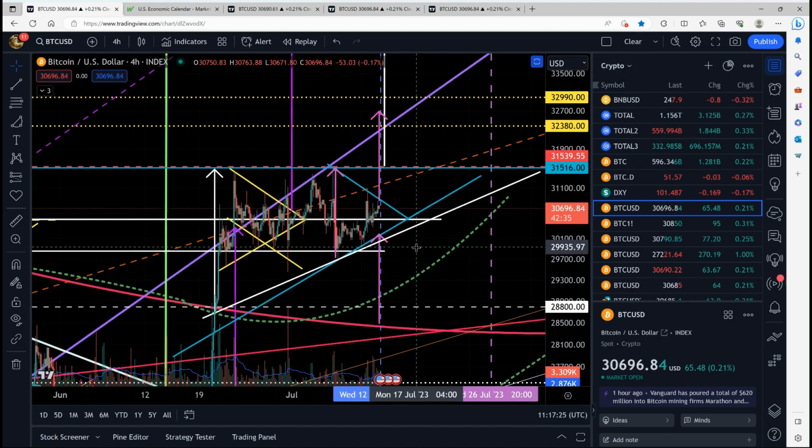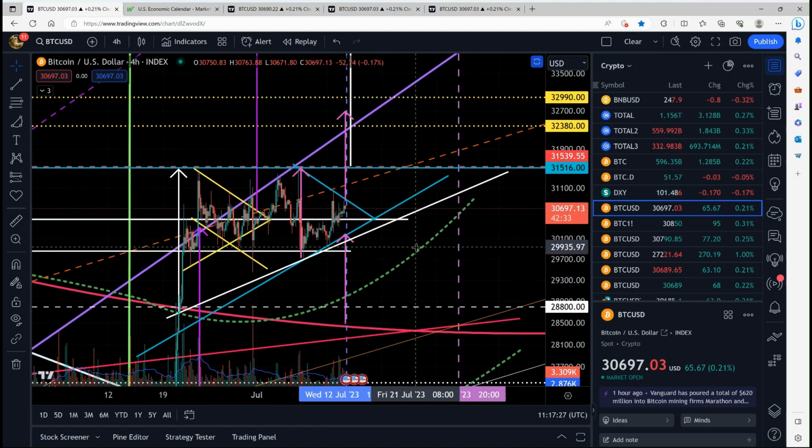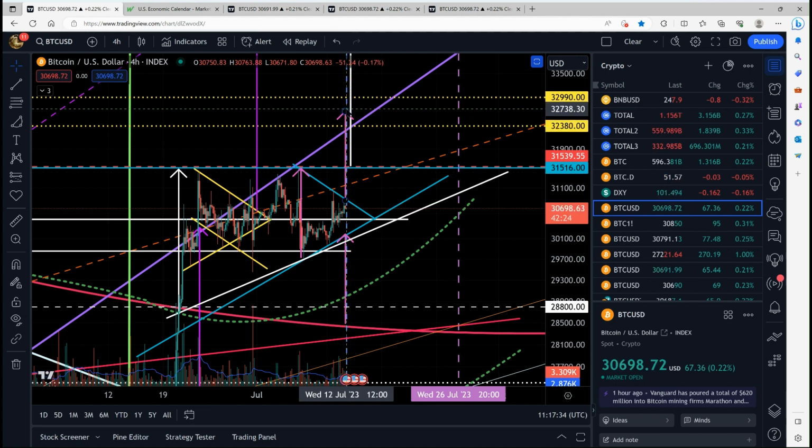Now we also have, I talked about possibly extending our triangle, if we do break out here. Maybe we see a pullback into further consolidation in this range into the FOMC meeting, and I do not put that out of the picture.